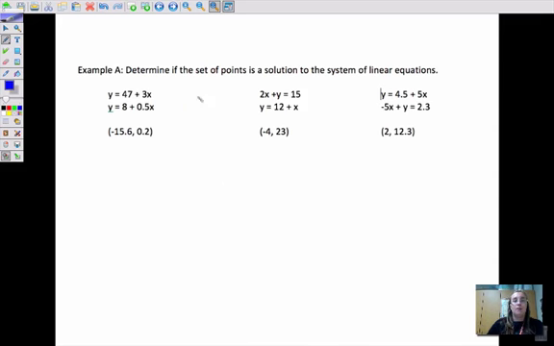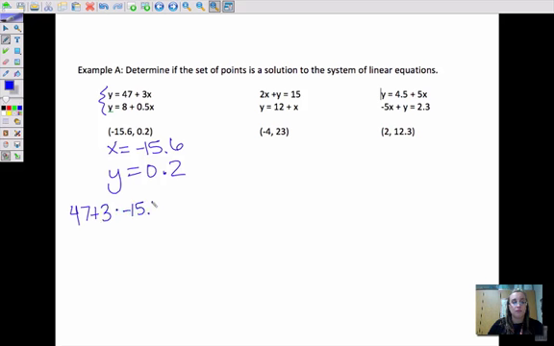Okay, so we need to determine if each of these points is a solution. So I need to determine if x equals negative 15.6 and y equals 0.2 is a solution to this system of equations, these two equations up here. So what I'm going to do is plug in x and y and see if that's true.